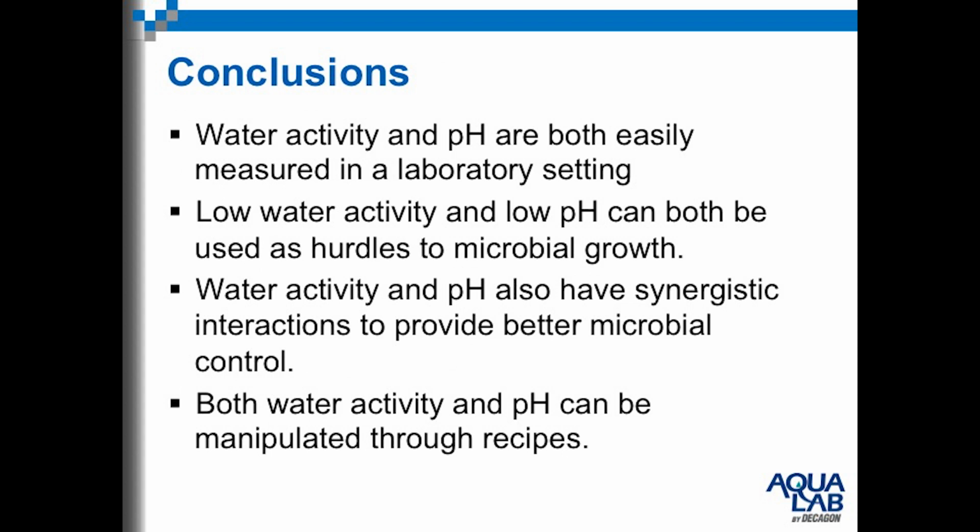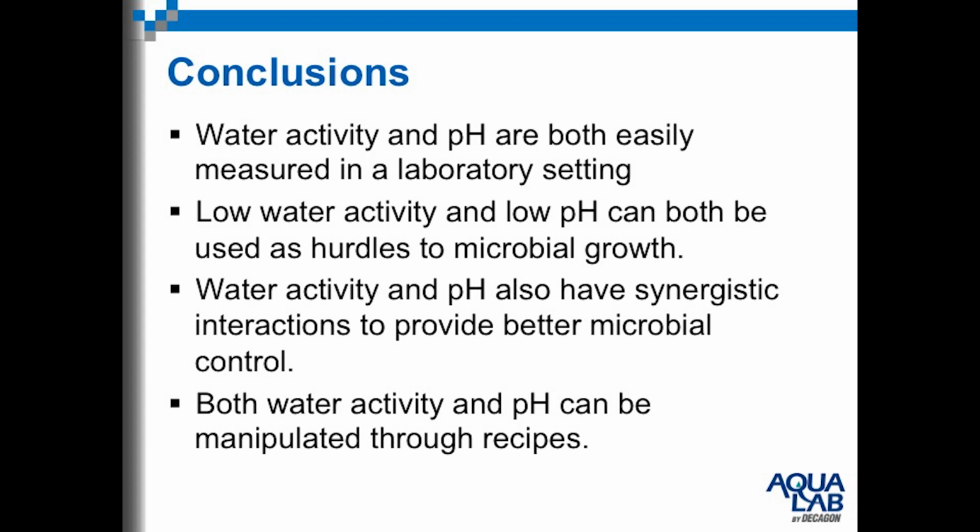Okay, so in conclusion, water activity and pH are measurements that really go together. You could effectively set up a HACCP plan for a product using water activity and pH level as your control points or your critical control points, and then have a water activity meter and a pH meter sitting there in your laboratory, and then you take a measurement on your foods routinely.